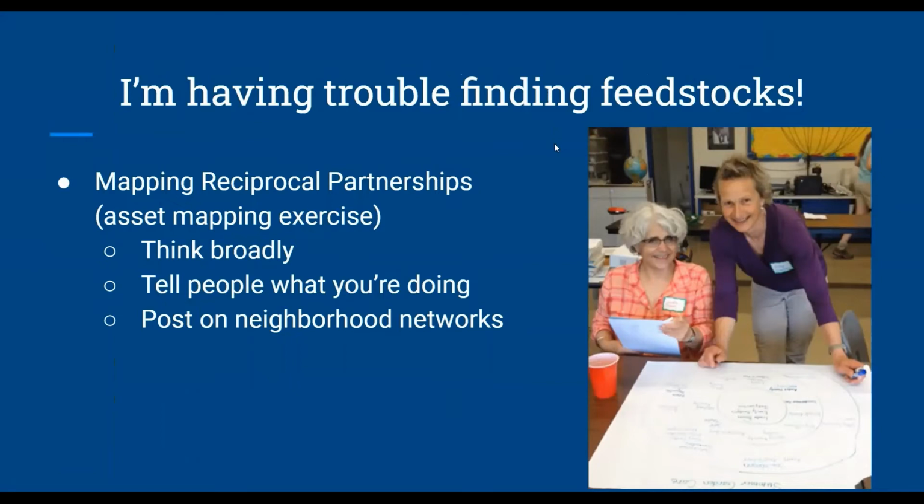So we have this worksheet that we've shared with our partners, and that is posted on the website, called Mapping Reciprocal Partnerships, or an asset mapping exercise. We always recommend that folks try to think as broadly as possible about where they might get stuff, and tell people what you're doing.